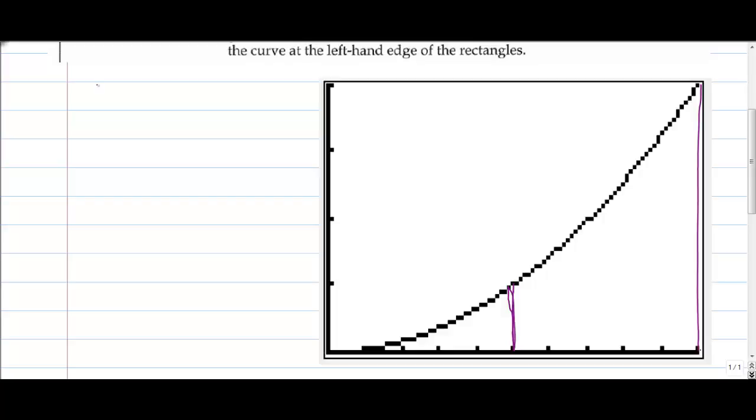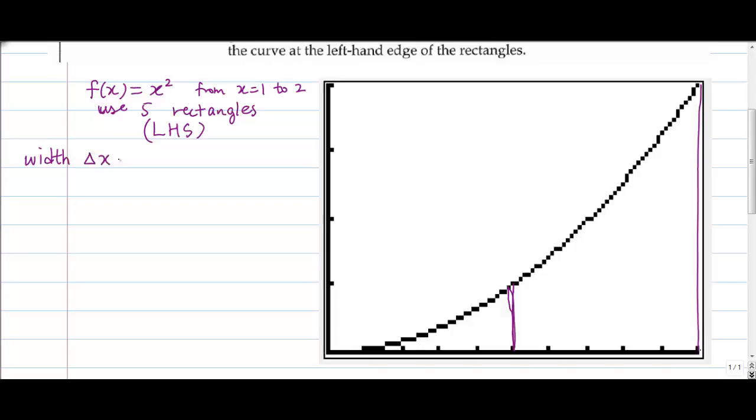I always start out by writing the function and saying going from x equals 1 to 2, and they tell us to use 5 rectangles. I'm going to write LHS, which means left-hand sum. So I can find the height of the rectangle. How am I going to find the width? The width of the rectangle is called delta x, which is the change in x.